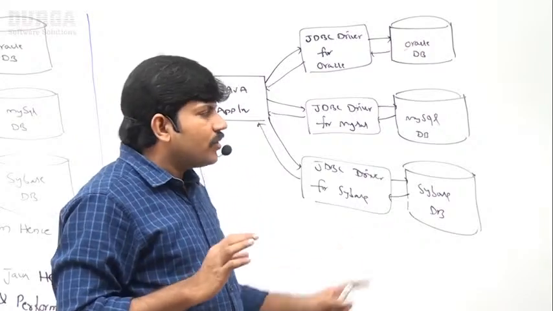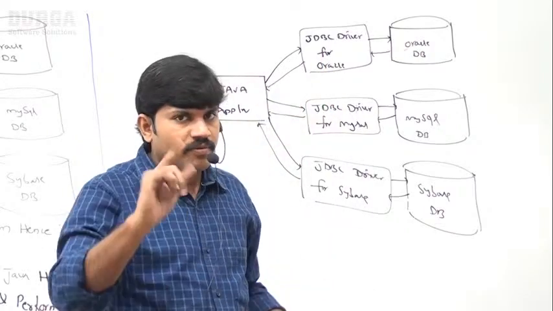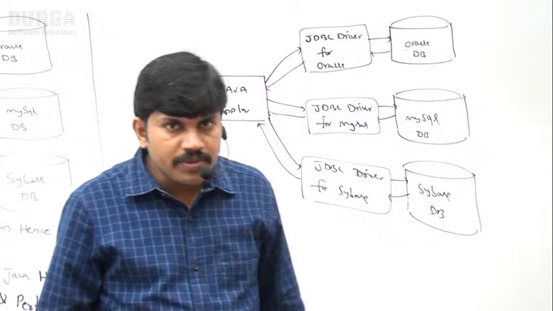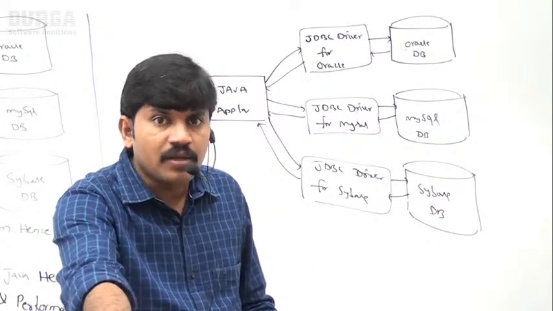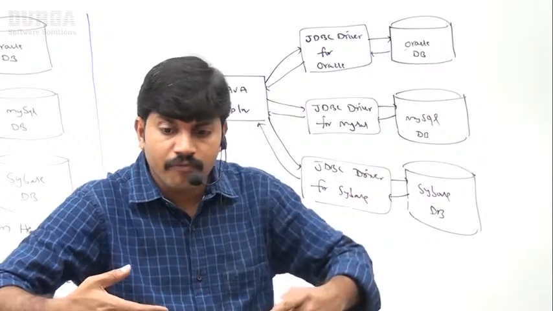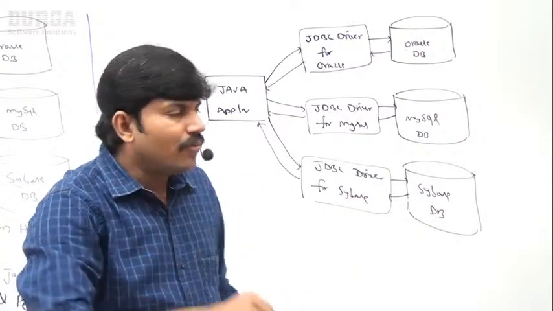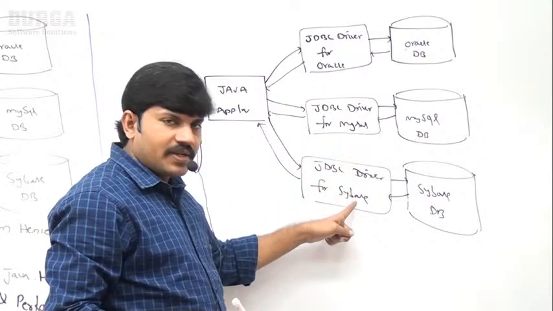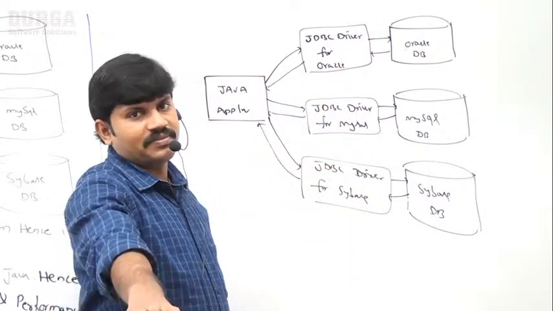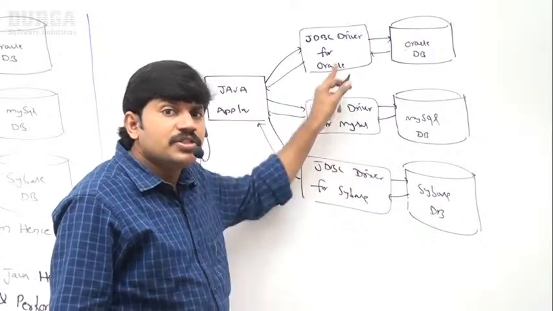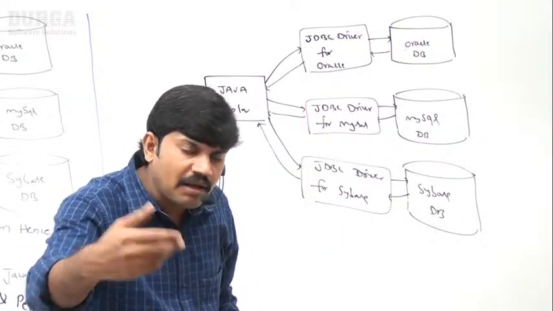If I use ODBC for Java, what is the first problem? ODBC is applicable only for Windows machines, so my Java application becomes Windows specific. Now, JDBC drivers are mostly developed in Java, so a JDBC driver can work on any platform.